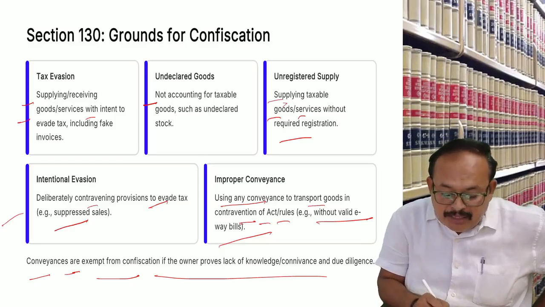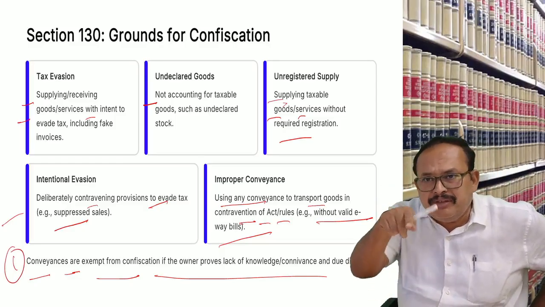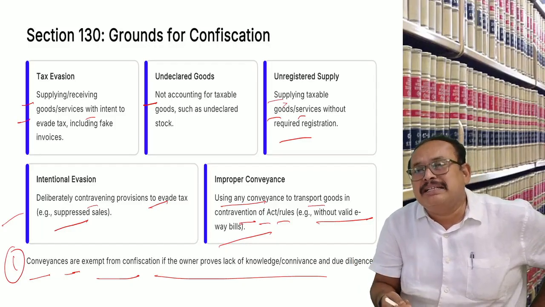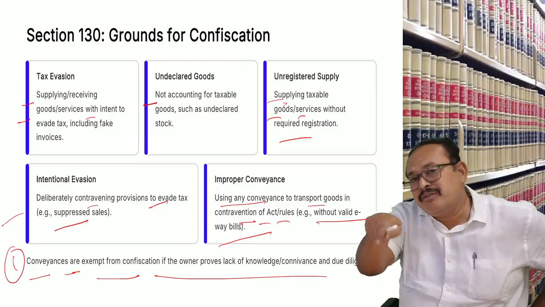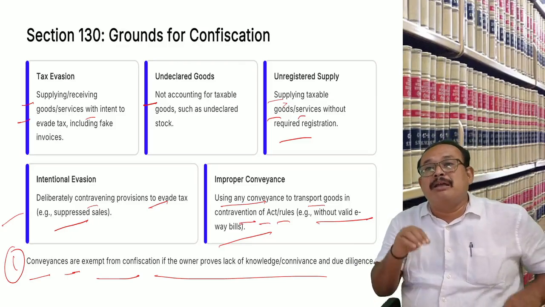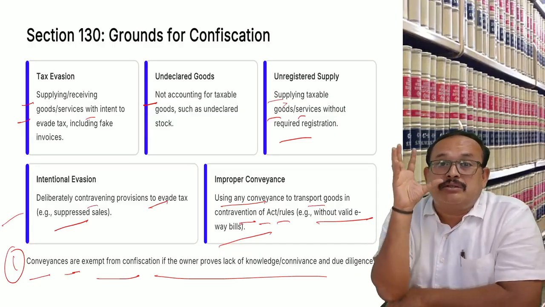What is this? Not only are the goods going to be confiscated, the vehicle is also confiscated. Then you have to pay fine in lieu of confiscation as the owner of the goods, as owner of the vehicle. But the vehicle owner is not liable to pay fine under section 130. When to know? Listen to me.